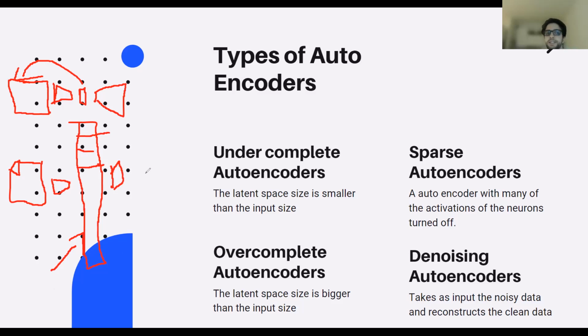There's no learning in this case. Where we are forcing it to go to a lower dimension, we are making the information much denser. But when we are forcing it to go to a larger dimension, there's no learning happening here. We're just copying the pixels from here to here.